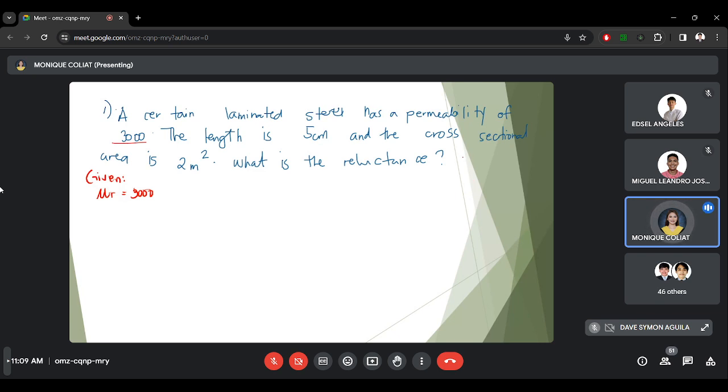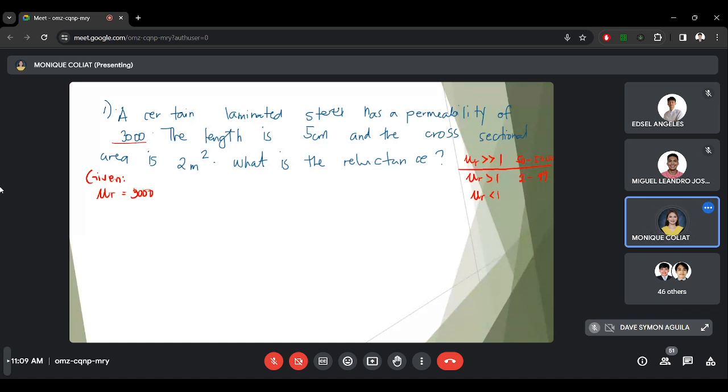For ferro, mu r is very high. For para, it is more than 1 only. And in dia, we have less than 1. Ferromagnetic materials have a range of 50 to 5,000. Paramagnetic is 49 and below, greater than 1, so let's say 2 to 49.